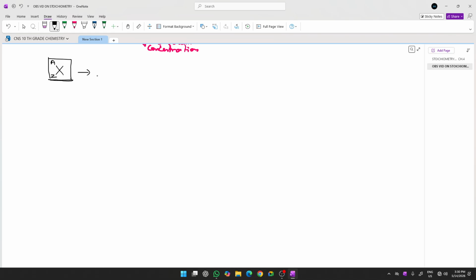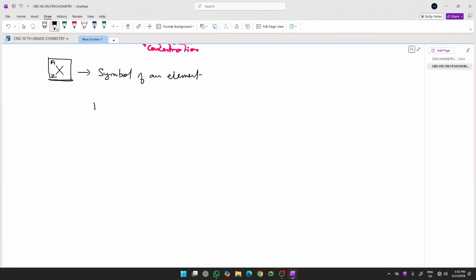This is nothing but the symbol of an element. In the periodic table you have some 118 elements so far, and each element has a different symbol.